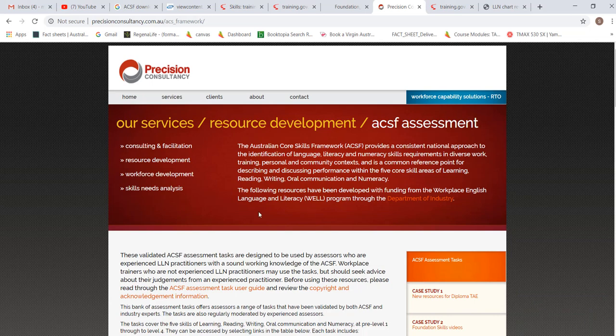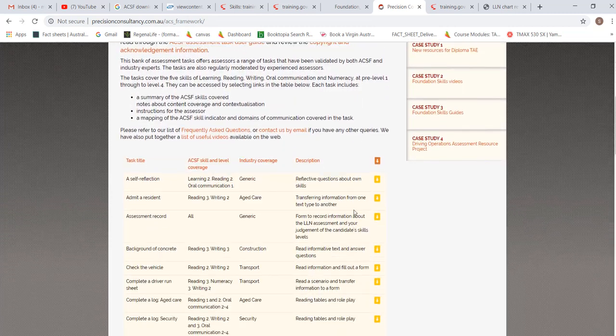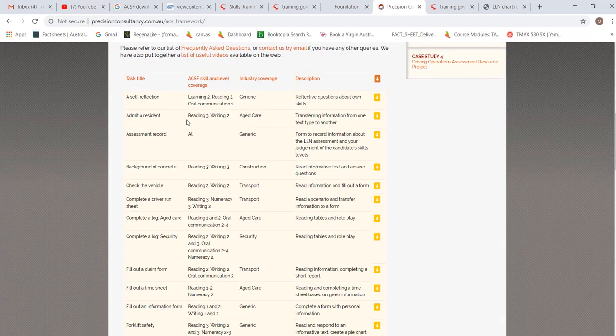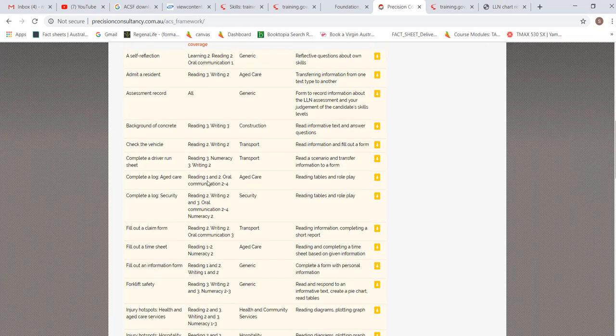All right, so their website is precisionconsultancy.com.au. And if you come to this address, you will actually be able to see a list of validated tools that cover off different industries and will actually relate to different core skill levels as well.